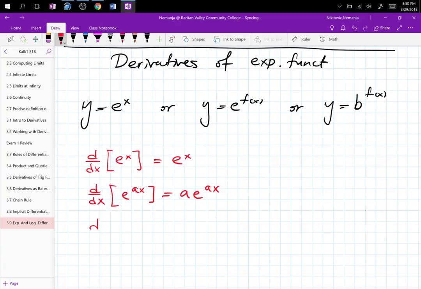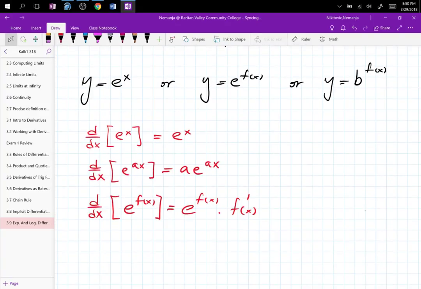And then we upgraded with the chain rule with whatever function you can plug in there, to get e to the f of x times f prime of x. So these are the three that we have learned so far.